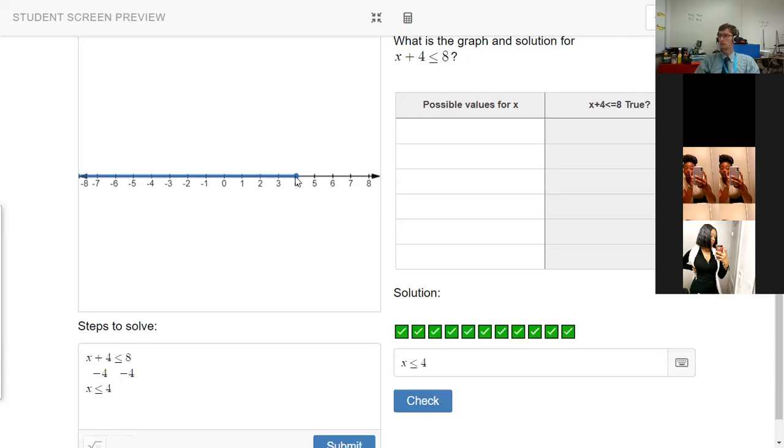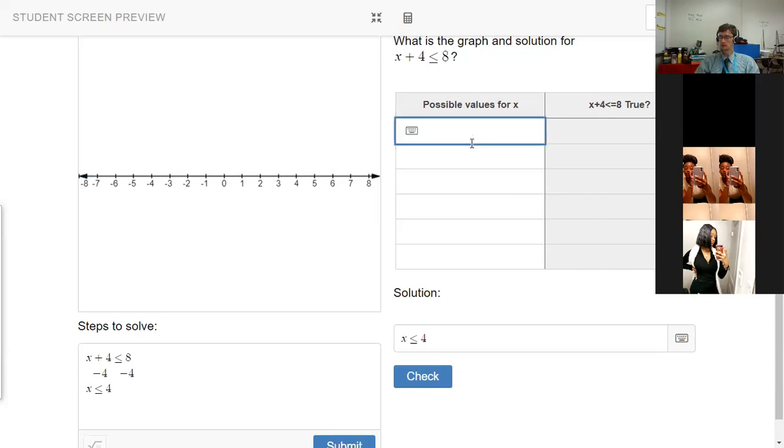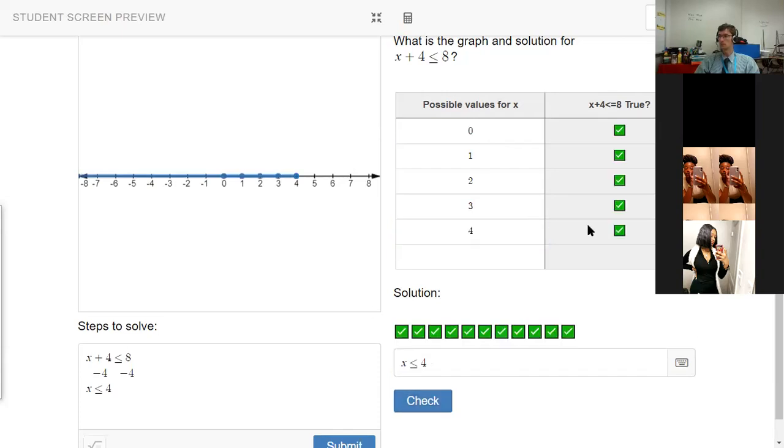And you notice the difference here. It's a solid dot. So this is closed. It means it's including 4. So if we put in numbers less than or equal to 4, when we put in 4, it's still going to plot it. It says that's correct.